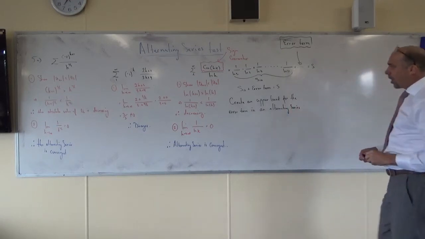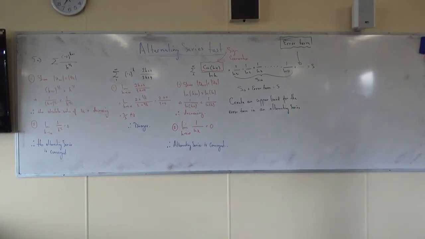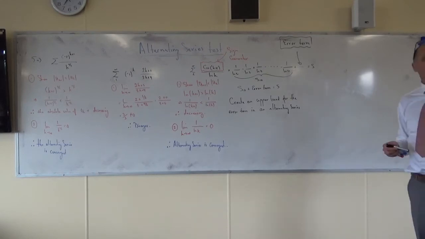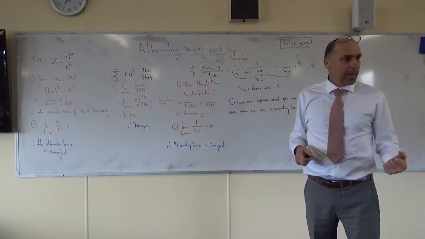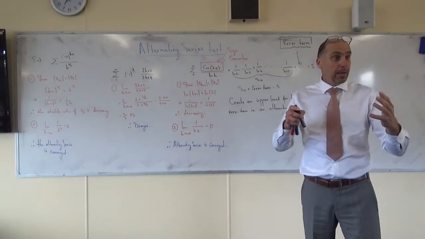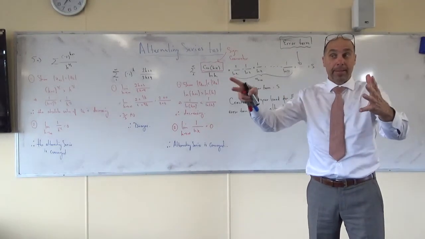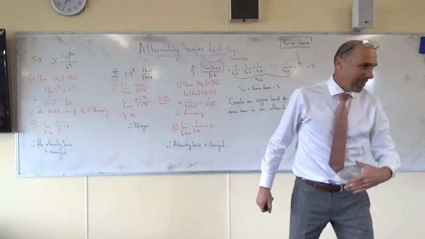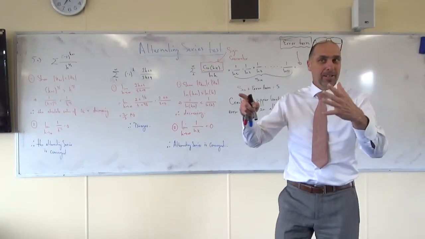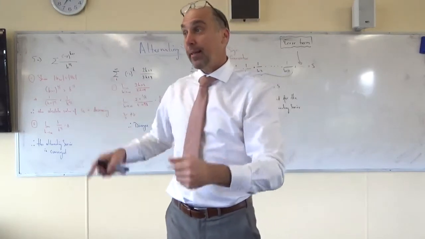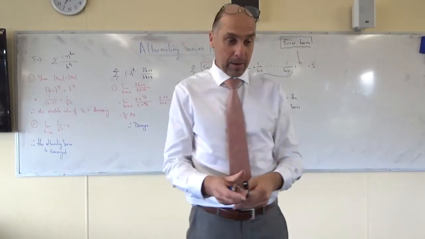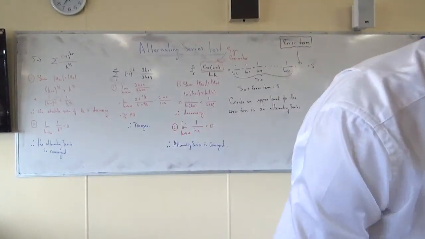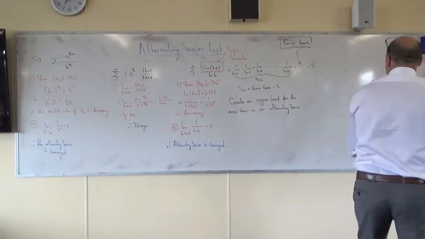What does an upper bound mean? An upper bound means the error term, but it's going to be bigger than the true one. If there's a true error term, I don't know what it is, but I can find an error term that's a little bit bigger than the true value, and I'll show you how we do that. So let me just draw a picture of that for you over here.